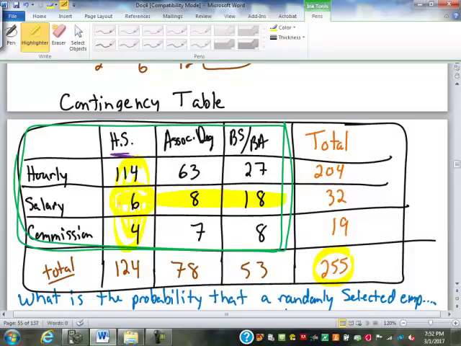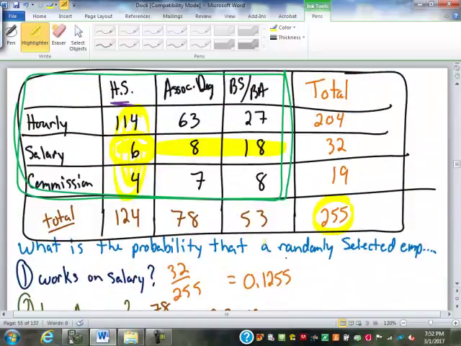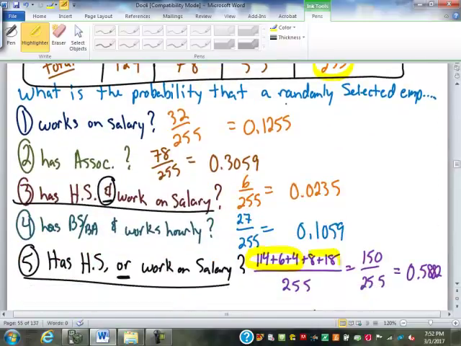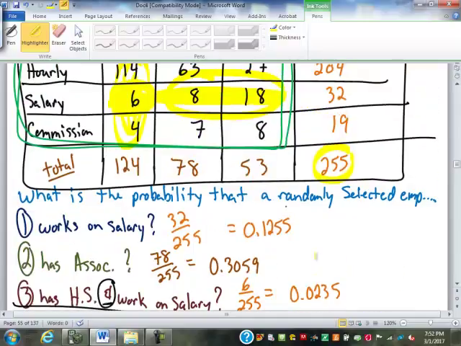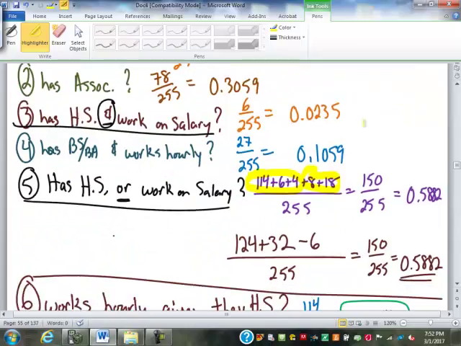So that's why it's 114, 6, and 14. That's the high school people, the high school column. Now in the salary column, this 6 was already counted, so we're only going to do the 8 and the 18. So that's why I did 8 and 18 here. The other option, as we said, was you could take the two totals, the 124 and the 32, add them together, and then subtract out that 6 because that was in both of them.